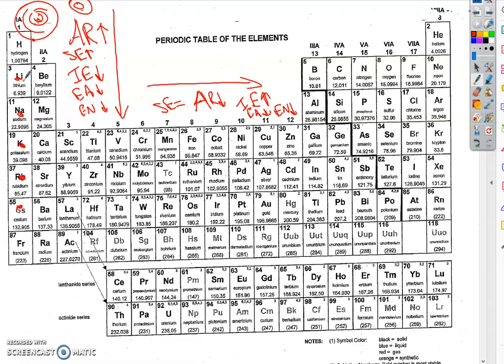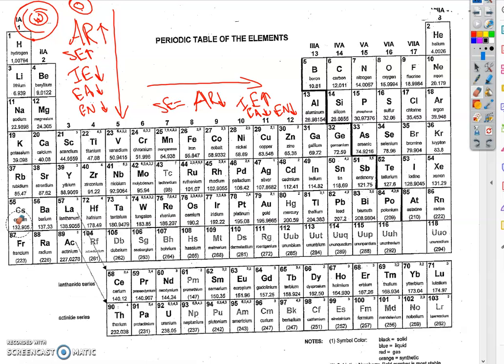So the largest ionization energy would be the smallest atom, because this is where the electrons are closest out of this series, closest to the protons, that are able to hold on to them the most. So that would be lithium in that example. Ionization energy decreases as you go down. The atom is getting bigger, so the valence electrons are easier to take away, which is why something like cesium would be more reactive than some of those other elements that are above it.